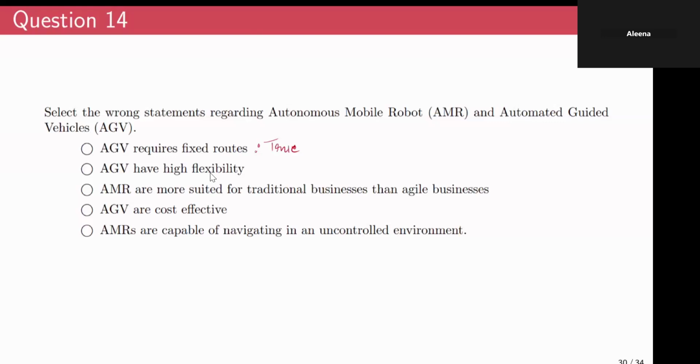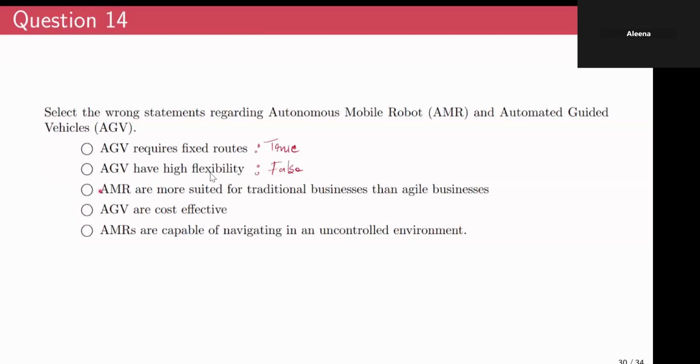The second option says AGVs have high flexibility. That is obviously false, because every time you need a new task, you have to create a new path. You have to recalibrate the AGV. The markers for laying out the path will have to be laid again for a different task. So AGVs are not really as flexible as an AMR.